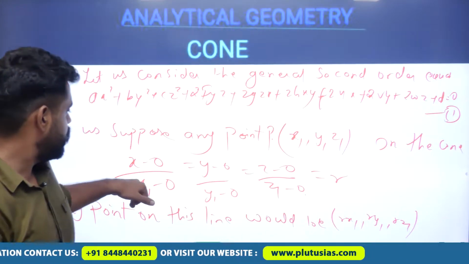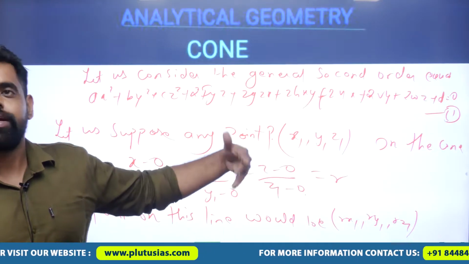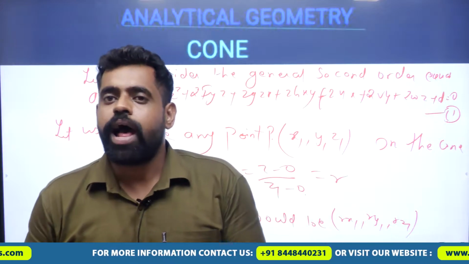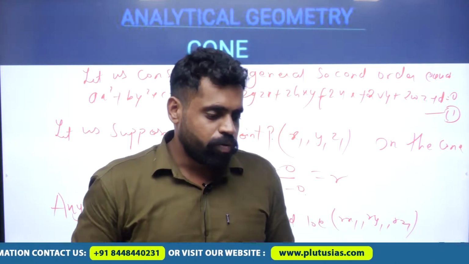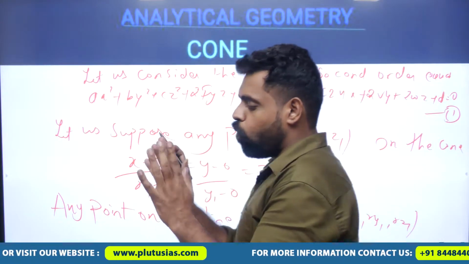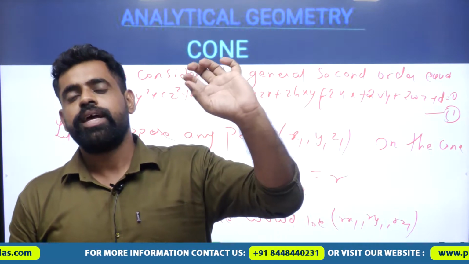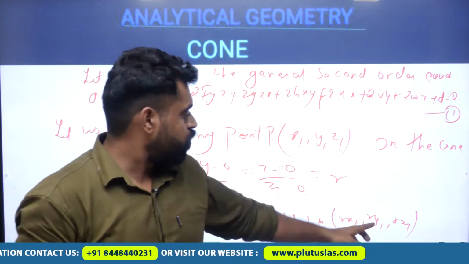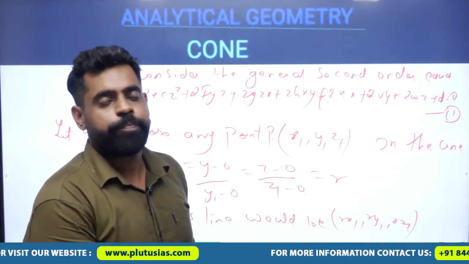Clearly x is equal to rx1, y is equal to ry1. So any general, or parametric, point would be rx1, ry1, rz1. Since OP is a generator, any point on this line would be on the cone. So this point also lies on the cone, so it must satisfy equation 1.